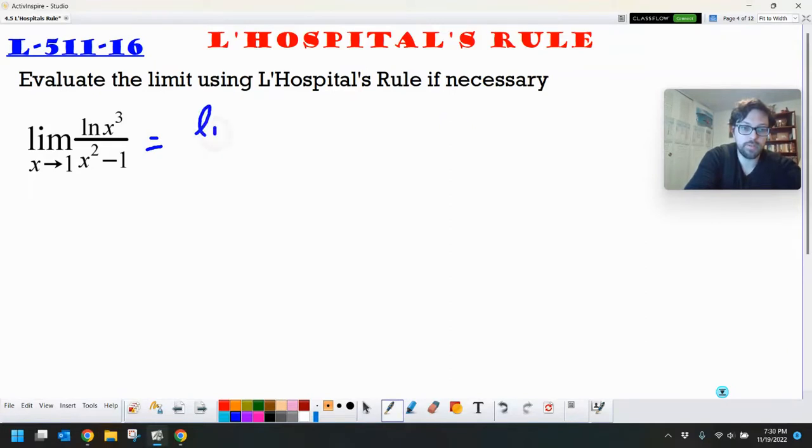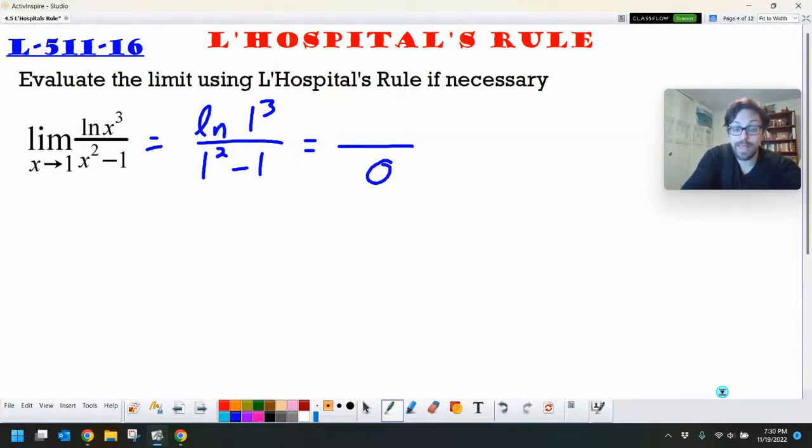So this with direct substitution would be the ln of 1 cubed over 1 squared minus 1. 1 squared minus 1 is 0, and the ln of 1 is also 0, so we do have that 0 over 0 situation. If we don't have 0 over 0, or infinity over infinity in some version of positive and negative, we're not allowed to apply L'Hopital's rule. So we always have to show that we can first. Now that we can, let's do it.